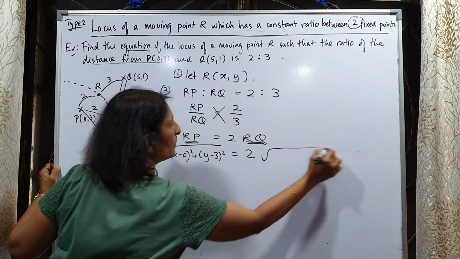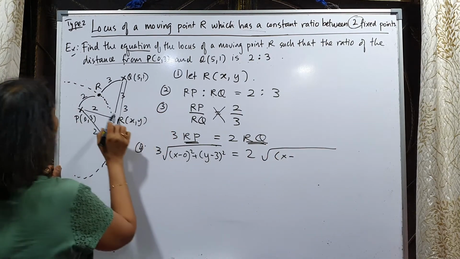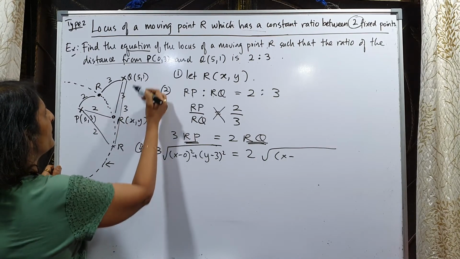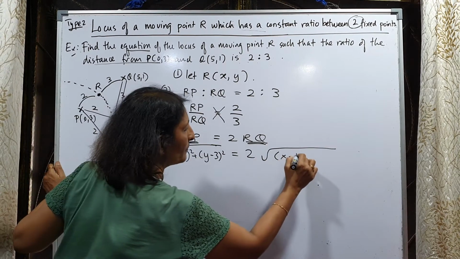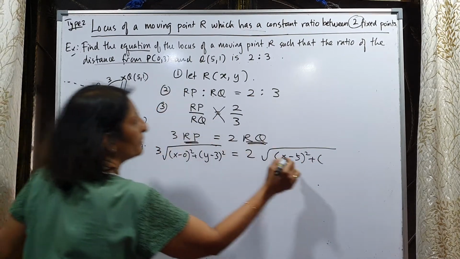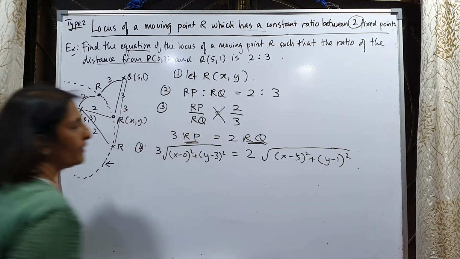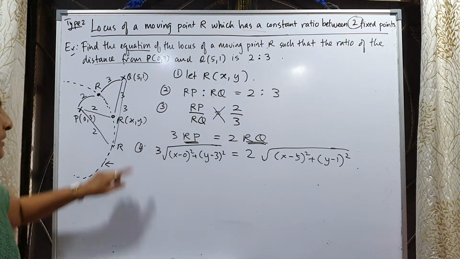RQ is also using the distance formula. So x minus, where's Q? Here. x minus 5 plus y2 minus y1. We are using the distance formula, step 4.